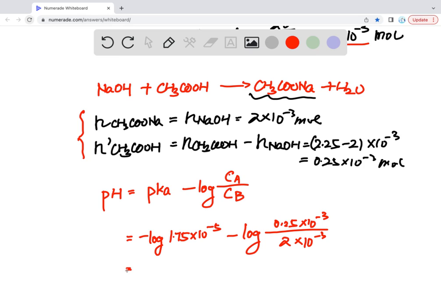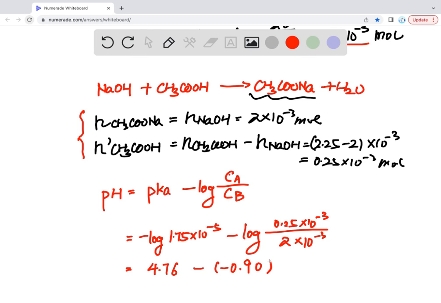So that's equal to 4.76 minus, here is about minus 0.90.